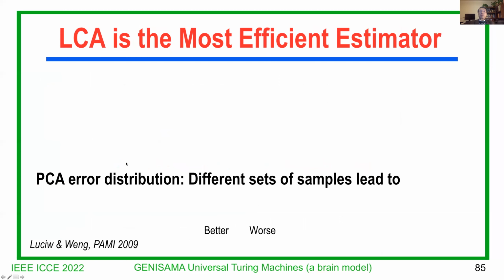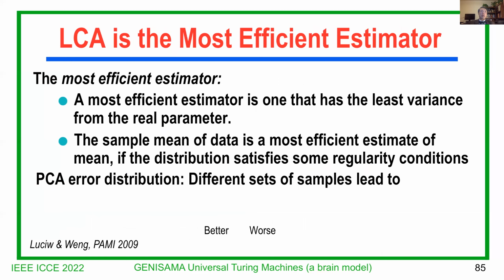And what do we mean by most efficient estimators? The most efficient estimator is the one that has the least variance from the real parameters. The sample mean of the data is the most efficient estimator of the mean if the distribution satisfies some regularity conditions. Suppose I have a minimum variance estimator, and if I have optimality, then once the sample comes in, it has a much smaller jitter centered around the true parameters.